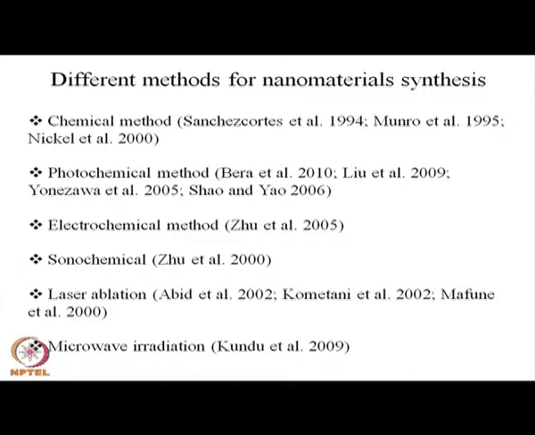So, there are several methods for the synthesis of nanomaterials. Several methods like this, and you can still find other methods as well. These are the broad overview of the different methods.